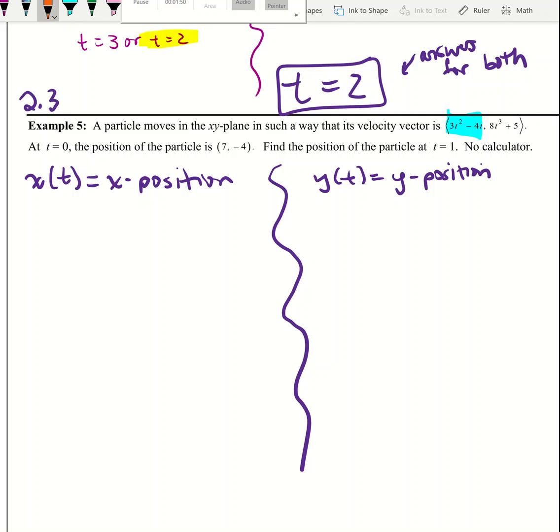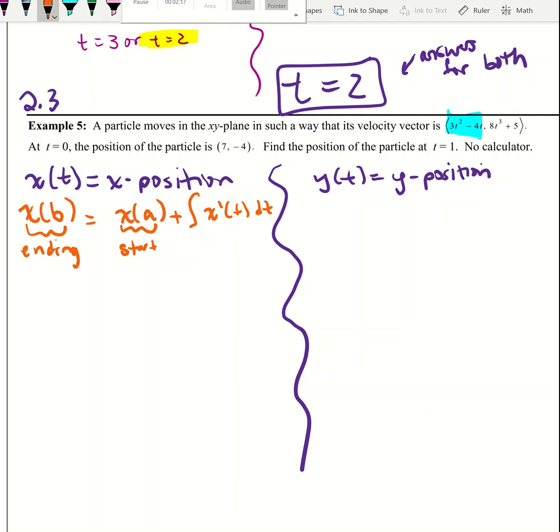So if I want to find the x position at a certain ending position, where b is like the ending time, what I could do is find the position at a starting time, which I actually have. And I could add on to that the integral of the velocity component for x.